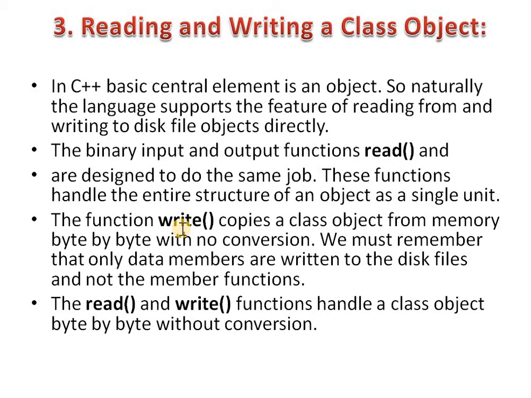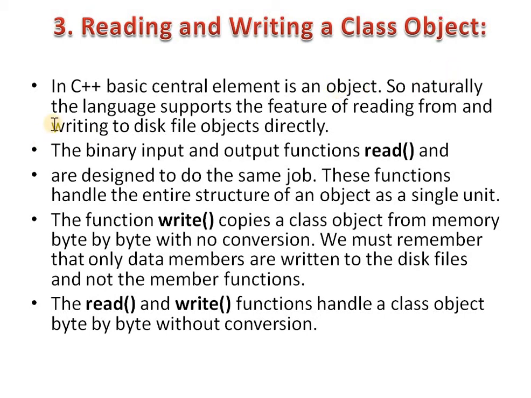We can also read and write a class object. In a C++ program, the basic central element is an object. We know that C++ is an object oriented language. That means everything in this programming language is considered an object.